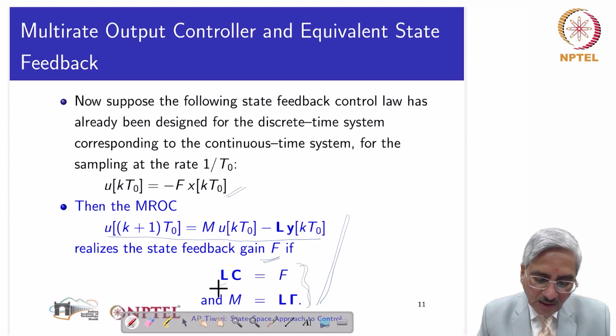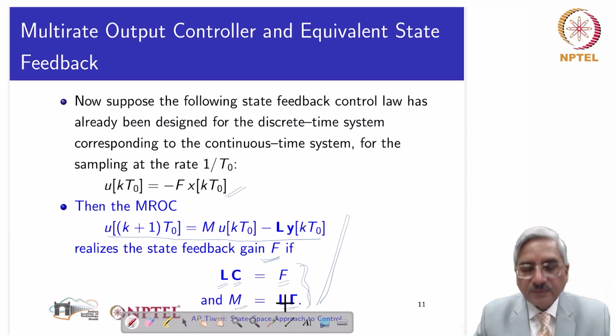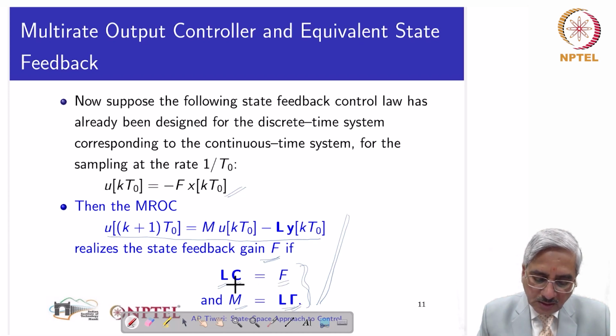If bold L, bold C, this product is equal to F, and if M is equal to the product of bold L times bold Γ. F is known, and Γ is known, C is known.